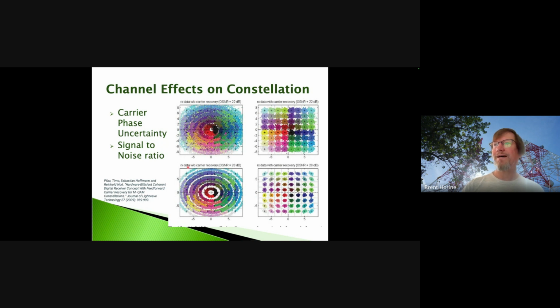So maybe this green stuff was originally over here, but it got rotated due to some phase, or this yellow was originally up here instead of down here, right? And so that's an impairment effect we have to remove also. All right, so that's just without carrier recovery.